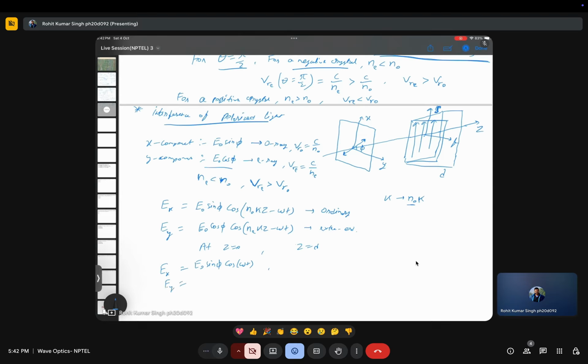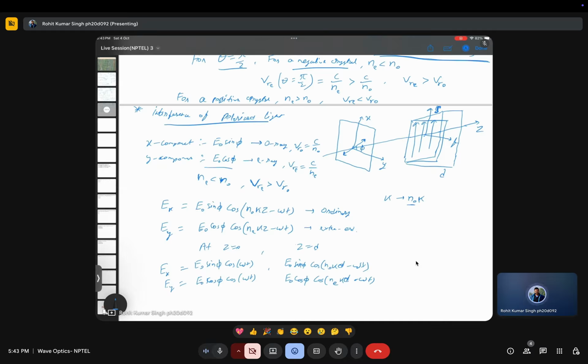Ey will be E naught cos phi cos omega t, and at z equal to d you will have E naught sine phi cos of n naught kd minus omega t, and y component E naught cos phi cos of n e k d minus omega t, right?